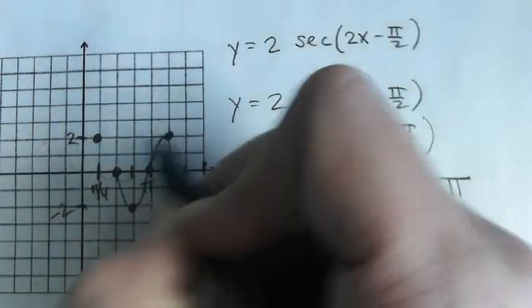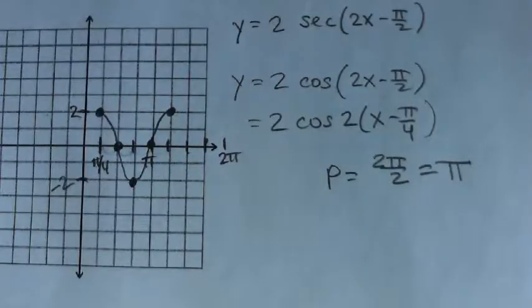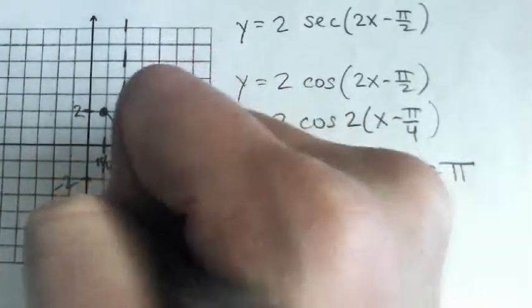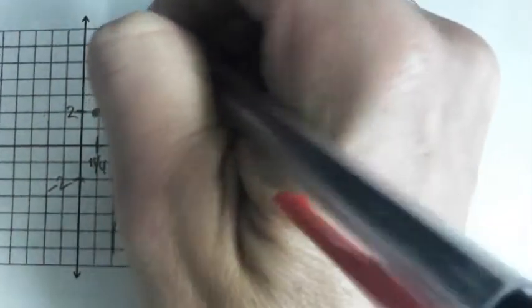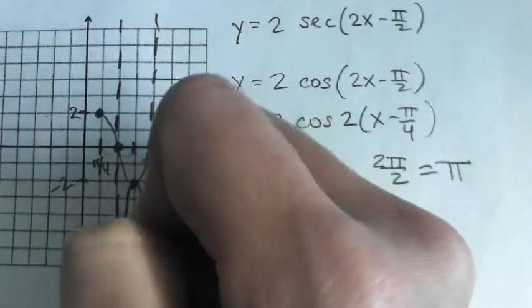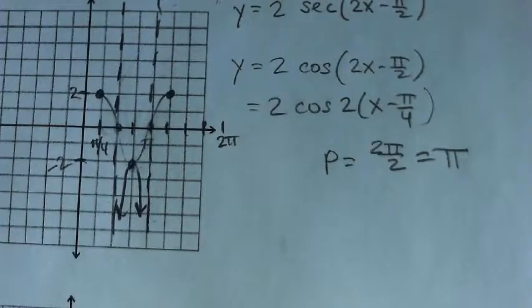Here's your guide. Throw your asymptotes in. Follow? Yeah. And then reflect. And there's just one piece, but we could kind of continue our guide to get a few more in there. Yep. Other questions?